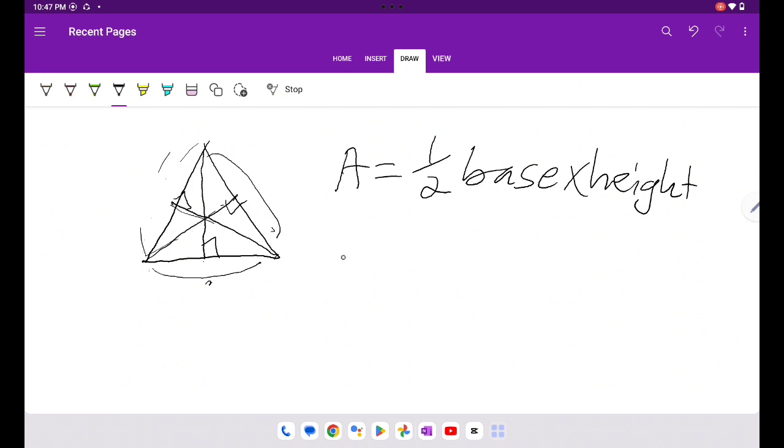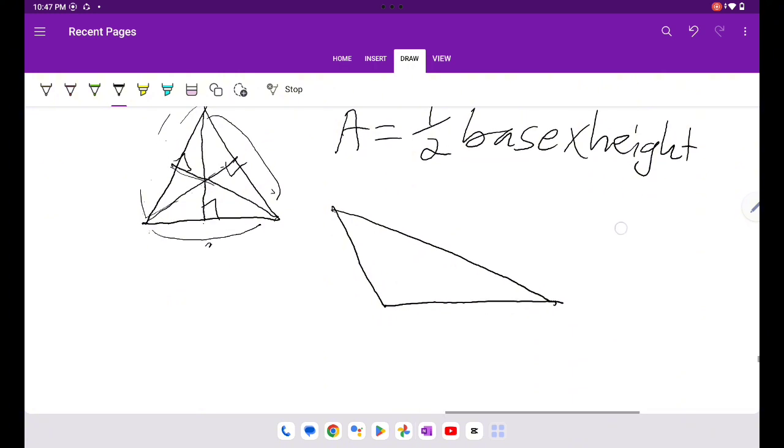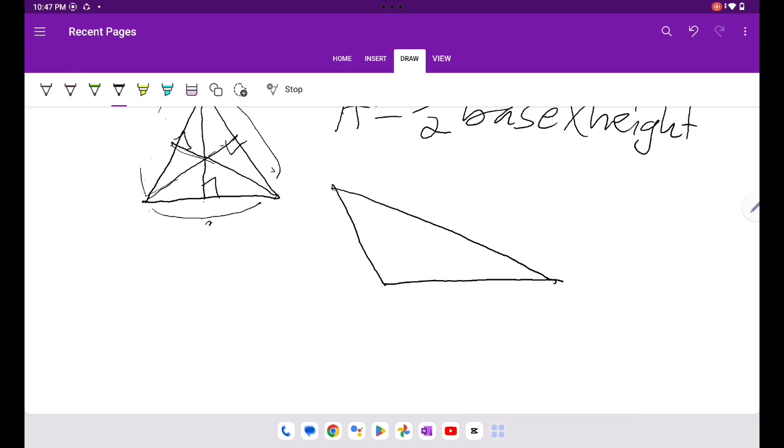But suppose we have an obtuse angled triangle. In that case, we can't draw the height just anywhere. We will have to draw the height outside, from the obtuse angle. Let's say we had our triangle as ABC.